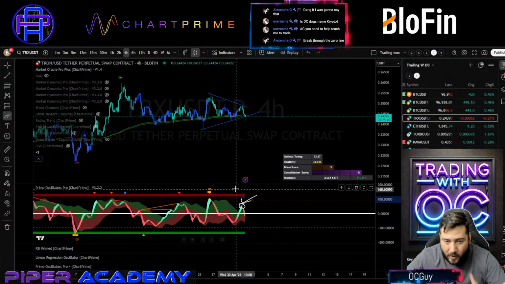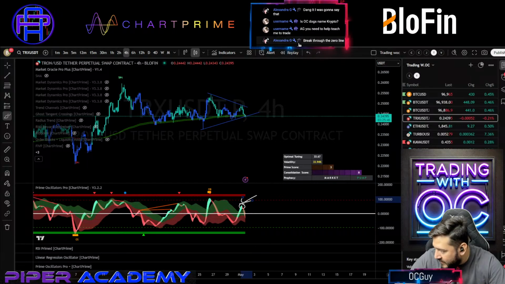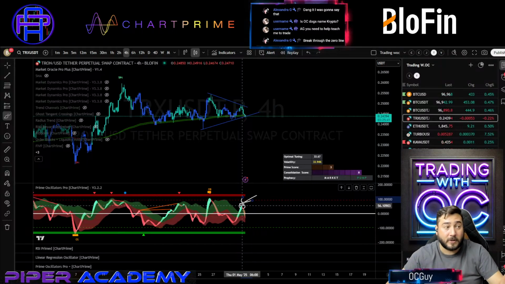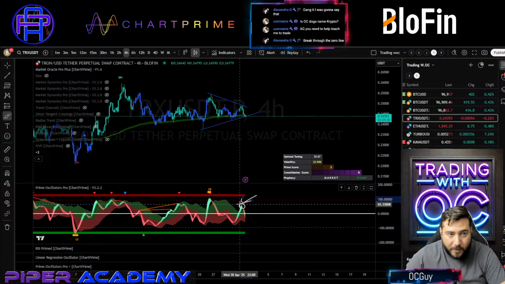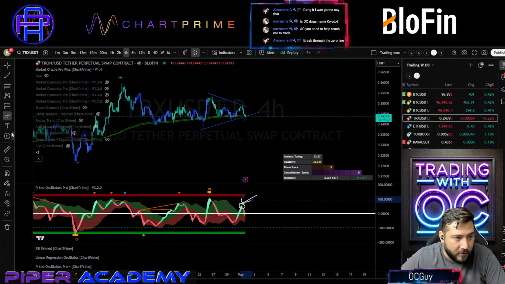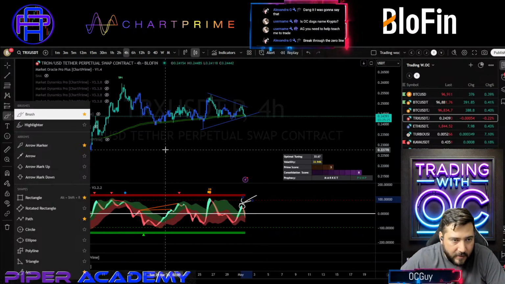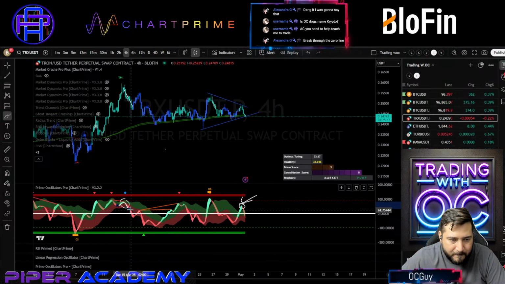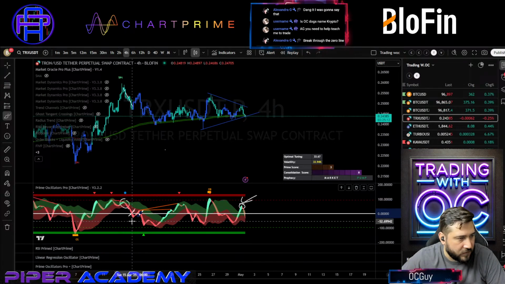Break through the zero line. Perfect. I like it, Alexander G. Almost there. Look at that. We have a well-defined pivot. So we're going to use the first flip of the ribbon as our first initial thing. If we don't have a well-defined flip of the ribbon, like for example right here, yes, we have an important reversal, but I'd rather take the breakthrough of the trend line or something like that.